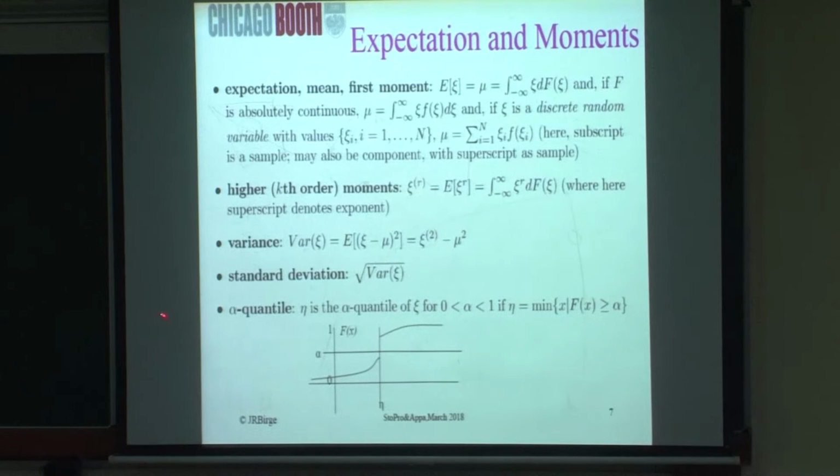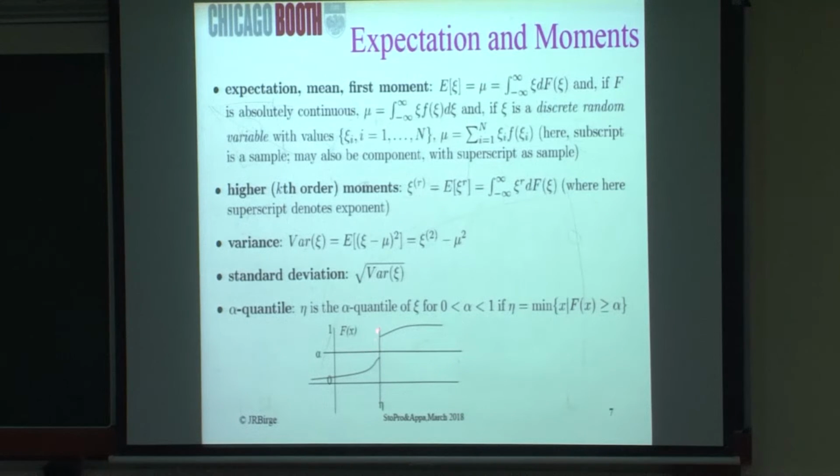Okay, so the way the quantile is defined, it's the minimum x. This is the x that I'm minimizing. So I find the minimum x where F of x is greater than or equal to alpha. Now F of eta is up here. It's above alpha, but it's the minimum point where it is greater than or equal to alpha.